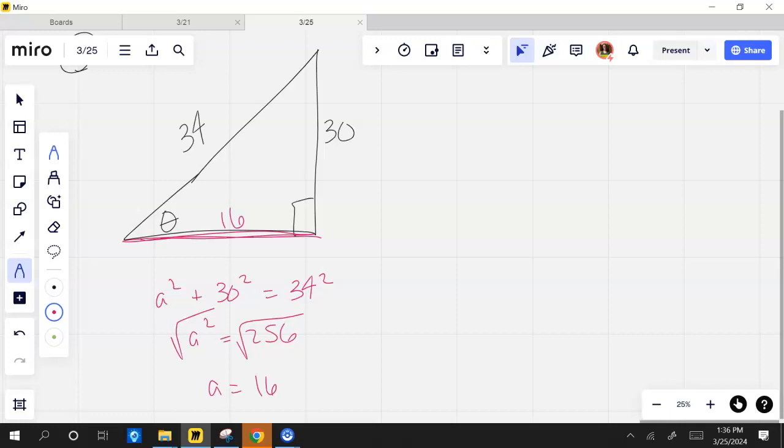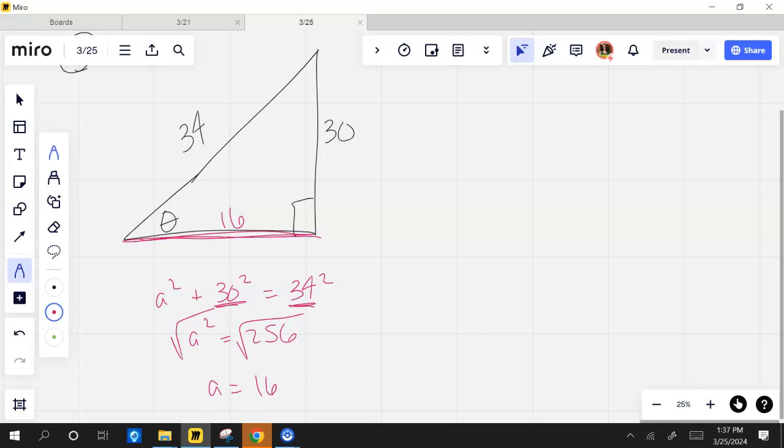You'll see if there's a perfect square you can divide it by. That doesn't always work for you, though. It just happens to. But I did 34 squared minus 30 squared.